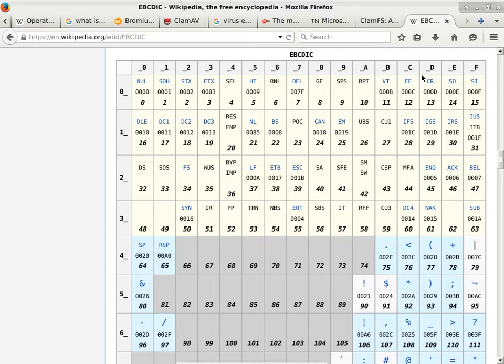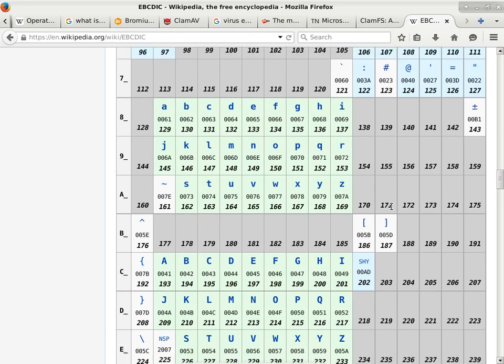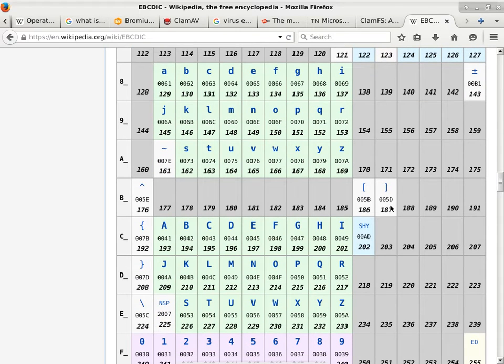But this table has one major flaw. Let me show you where the flaw is. The flaw is this part here. Look at how A to Z are represented. A, B, C, D, E, F, G, H, I, not a problem. They're all consecutive. Where's J?